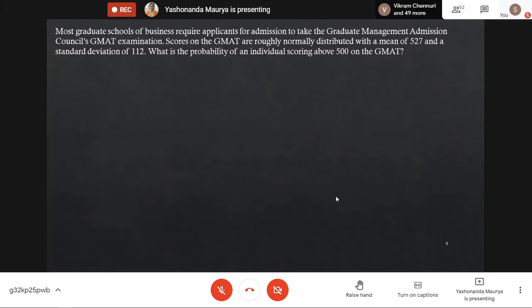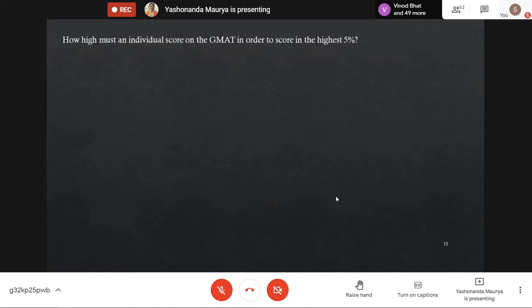Now, what is more interesting is the second part of this question. The second part is how high must an individual score on the GMAT in order to score in the highest 5%. The second part is more interesting. Just read this.